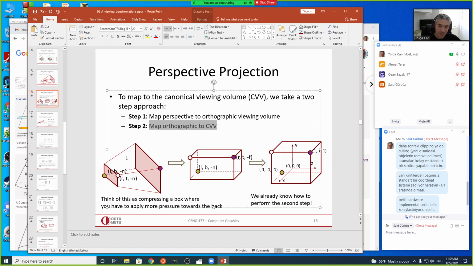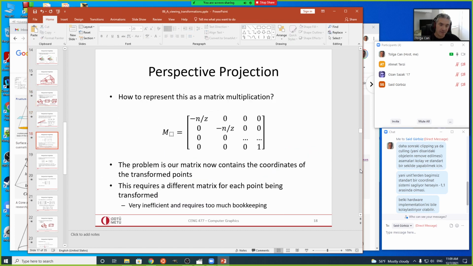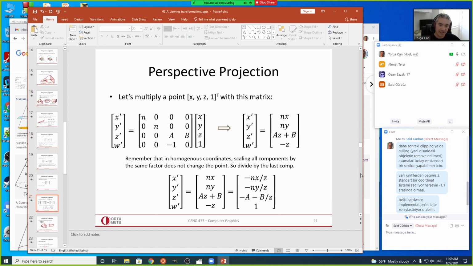After the squishing, what we need to take extreme care of is that this equation, this last part here, minus a minus b divided by z, we need to have it in such a way that if the original z coordinate is minus n, this last entry here should be equal to minus n, okay, after it's divided by z.